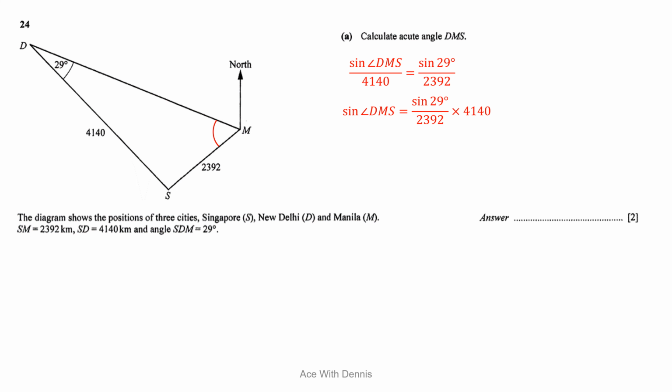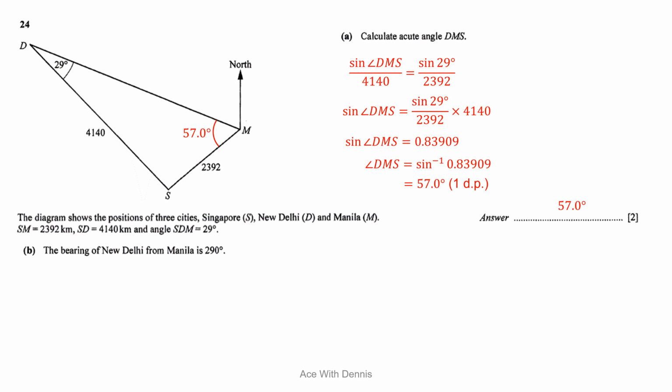Sine angle DMS equals sine 29 degrees over 2,392 times 4,140. So sine angle DMS equals 0.83909. So angle DMS will be inverse sine of 0.83909, which is 57.0 degrees, correct to 1 decimal place.